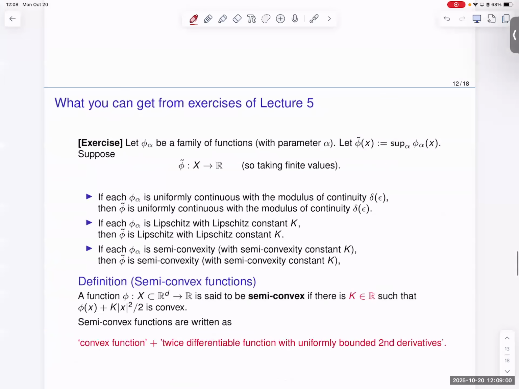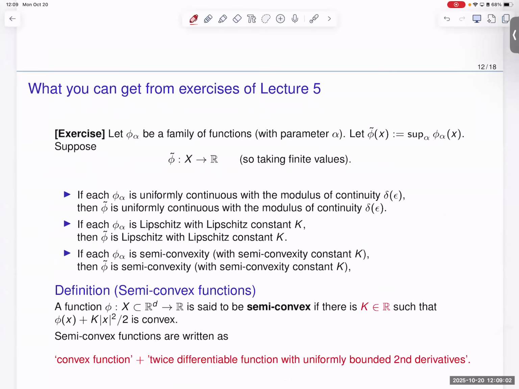So to do that, let's just review something from one of the previous lectures. There we studied some properties of C-convex functions adopting nice properties of the cost function.